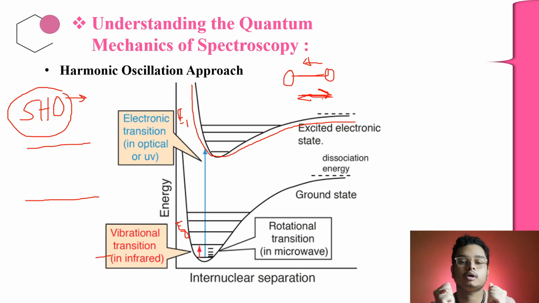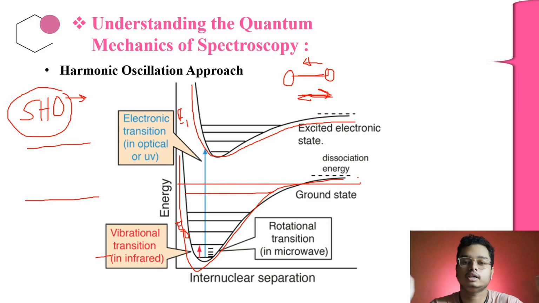Based on this type of oscillation, this type of curve is observed. When the oscillation is much more elongated, or I get much more energy, the bond cleaves apart, and thus we get this Morse potential curve. Here the bond breaks apart, and this is the bond dissociation energy.